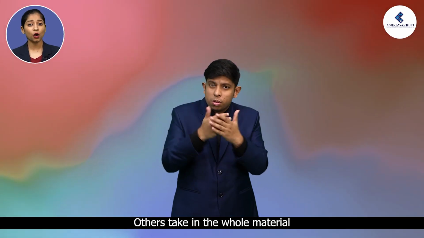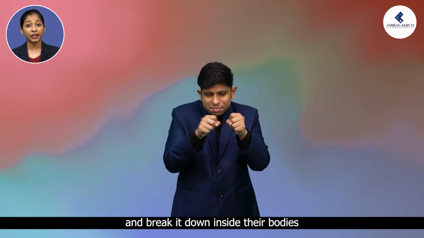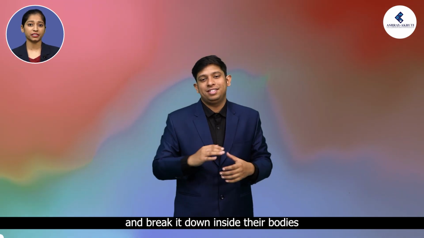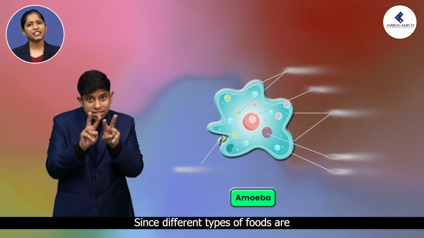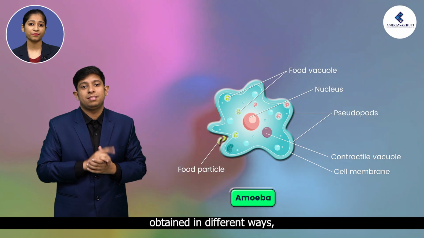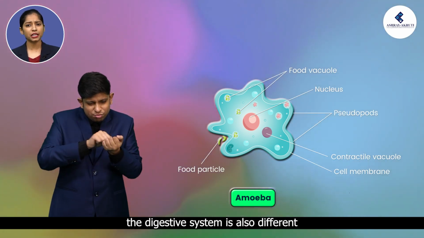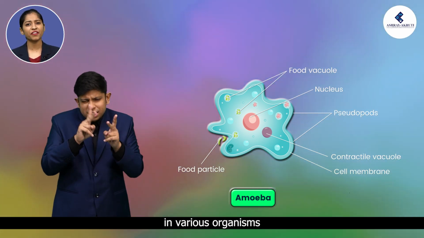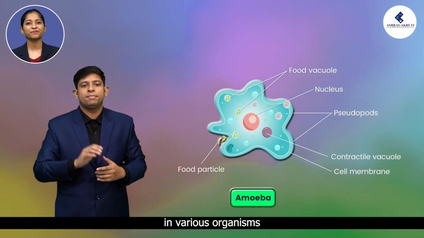Others take in the whole material and break it down inside their bodies. Since different types of foods are obtained in different ways, the digestive system is also different in various organisms.